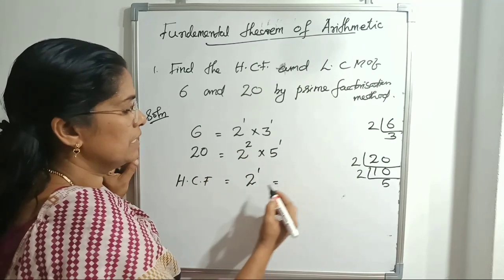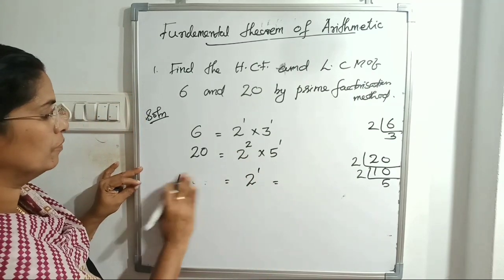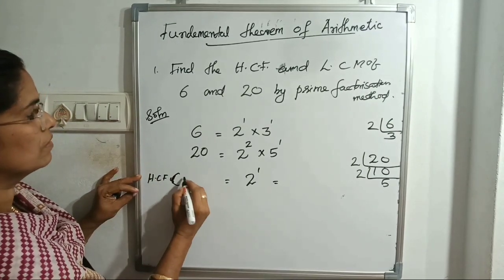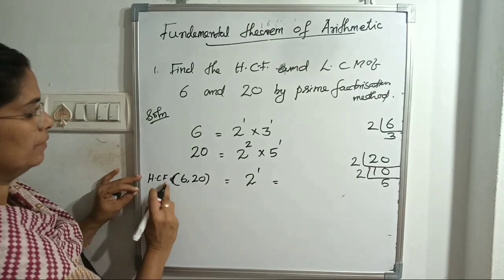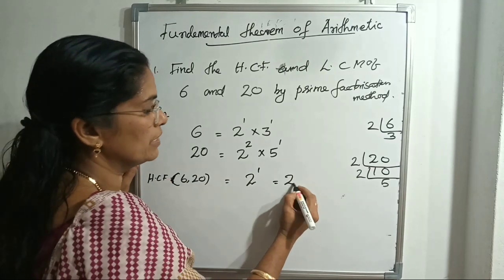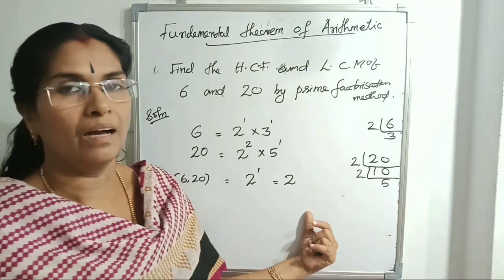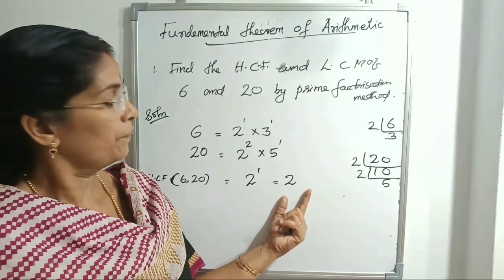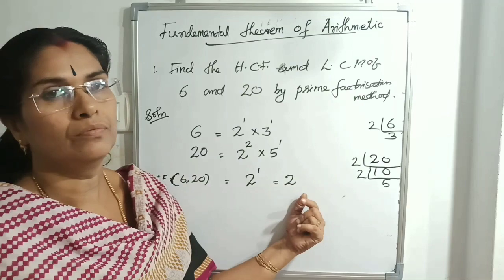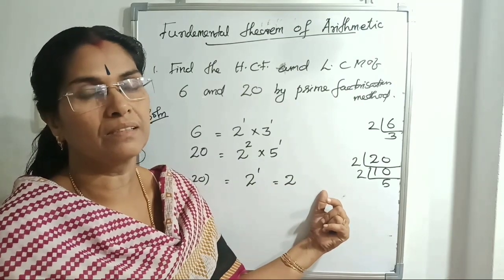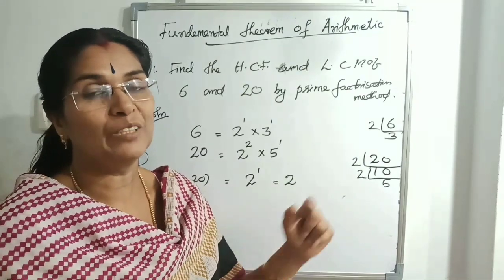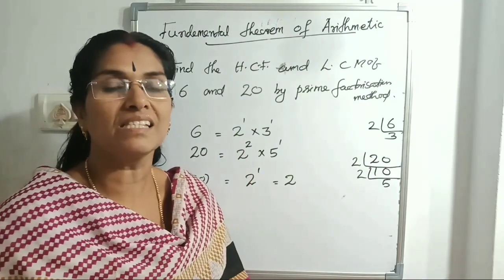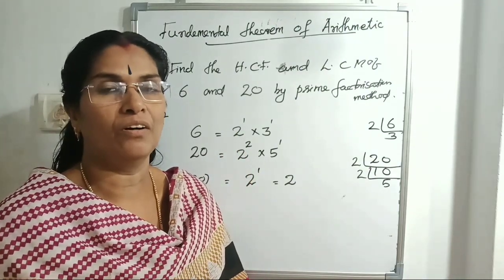So the HCF of 620 is equal to 2 itself. Clear? How are we finding the HCF? It means the product of common factors, but we don't take all the powers. We find the least power of the common factor.